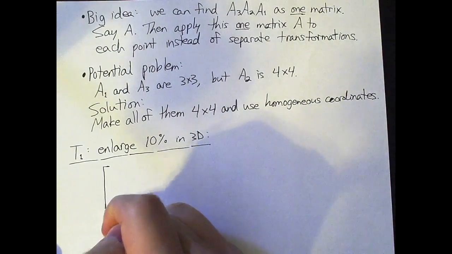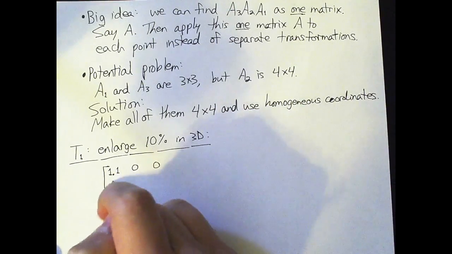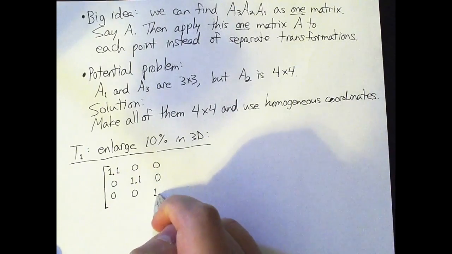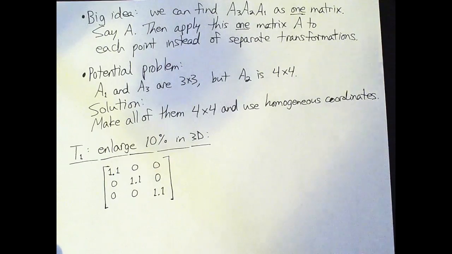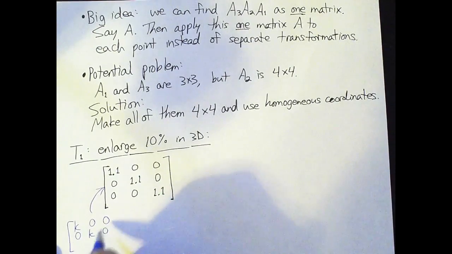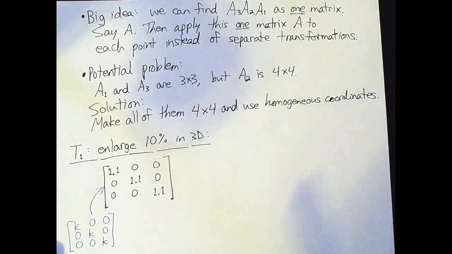So if we want to enlarge 10%, it's going to be 1.1, 0, 0, 0, 1.1, 0, 0, 0, 1.1. Where did I get this from? This is because we had that matrix that looked like this: K, 0, 0, 0, K, 0, 0, 0, K. And it's sort of, how much do you want to enlarge by?